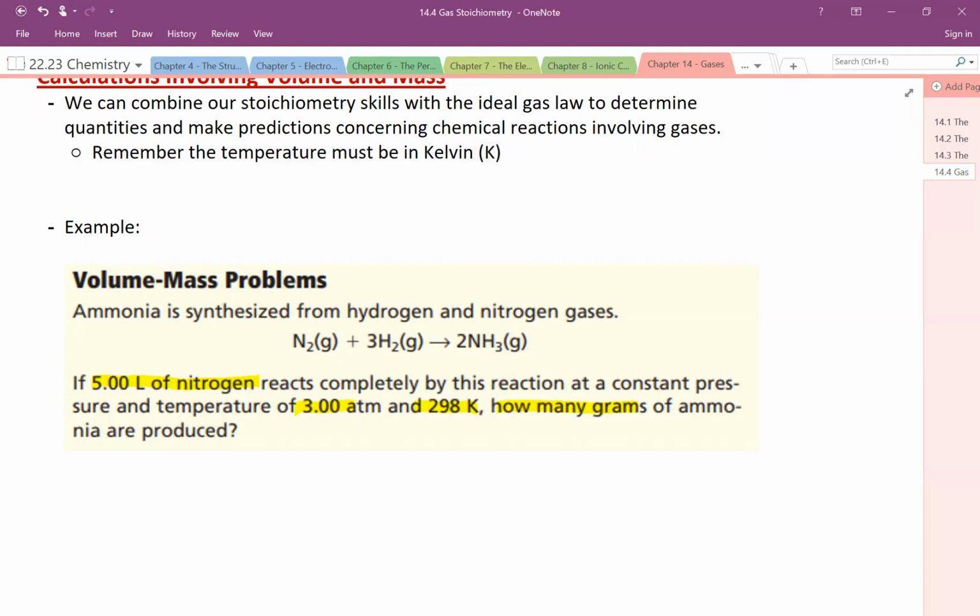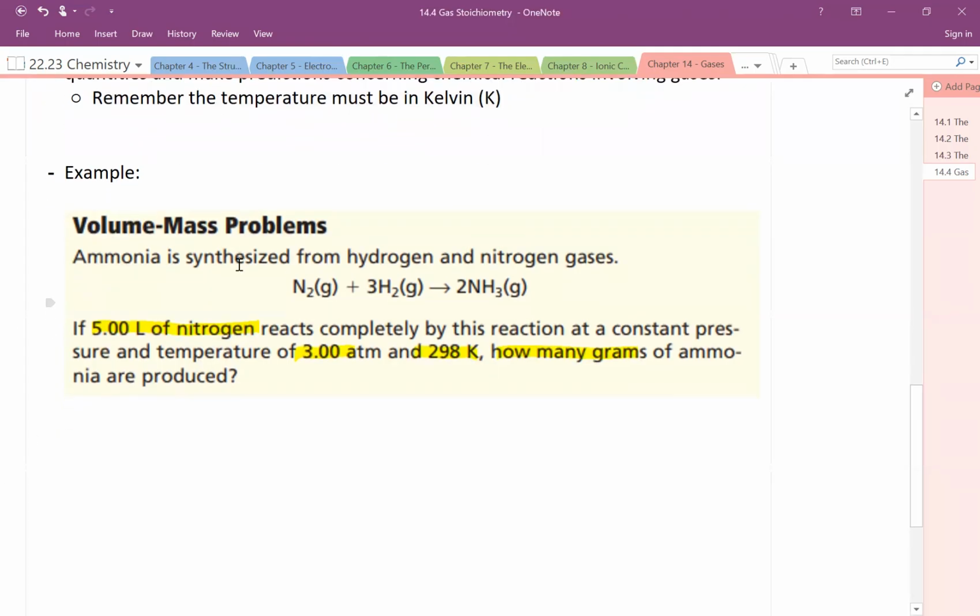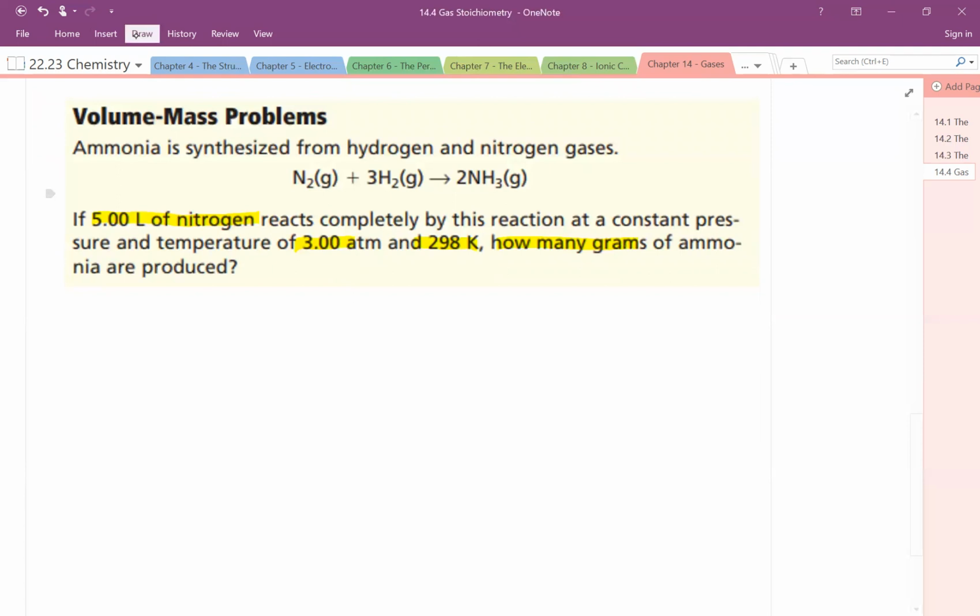So let's start, of course, by listing out all of the things that the question gives us. First thing that I see is that the question gives us our initial volume of nitrogen. So I'm going to say V N2 is 5.00 liters. I'm going to just denote that that is nitrogen gas because I see I have 3 species, each in the gas phase. So I want to make sure I know exactly which chemical is taking up those 5 liters.